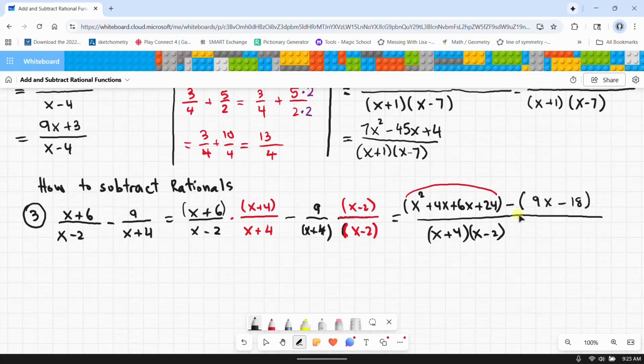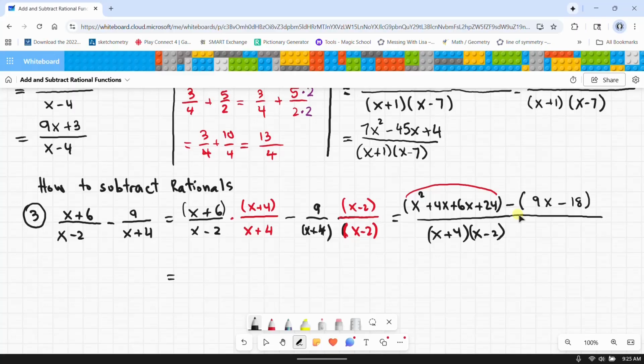The reason I want to keep the second group inside the bracket is because I want you to know there's a negative sign in front of the bracket. We have to distribute that negative sign, negative 1, or switch the sign of every term inside the group behind the negative sign.